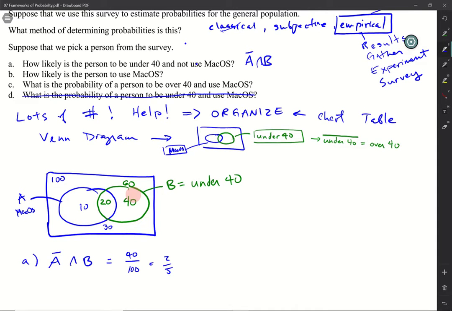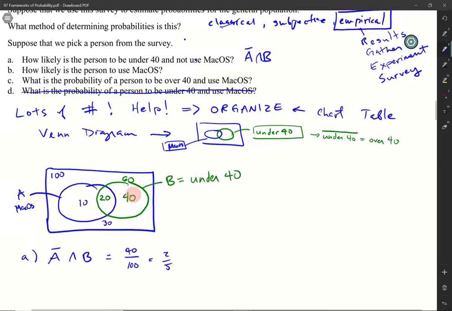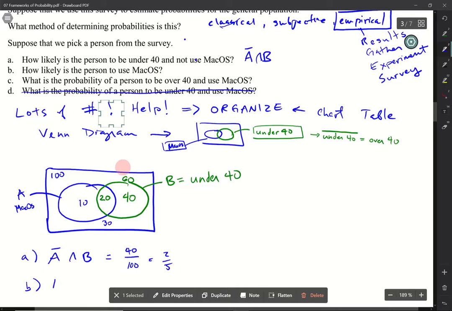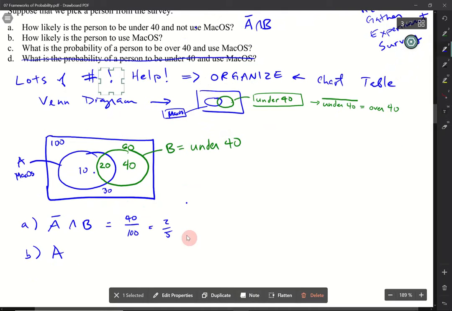So how likely is a person to use MacOS? That's basically A, right?